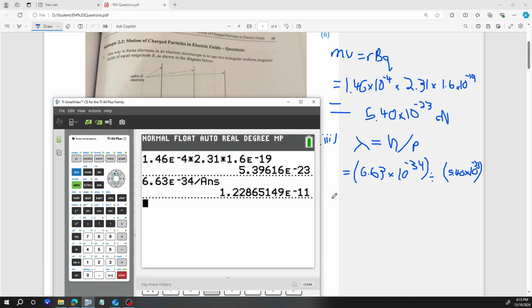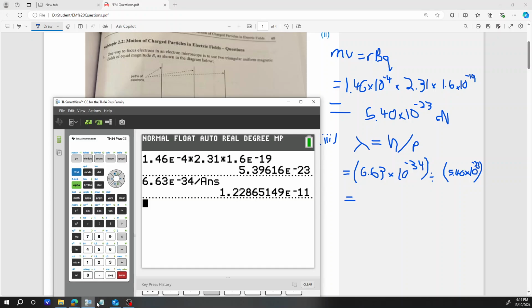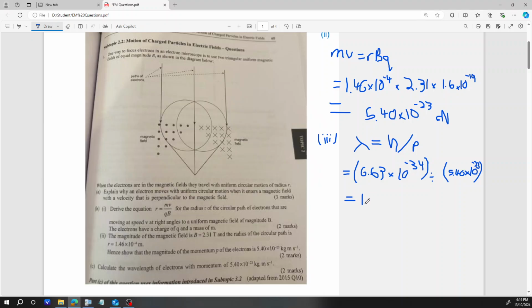If you misinterpret the division, you'd end up with something even smaller than minus 34. There's really only two ways this can go: you do it right, or you stuff up the division. So, there we go, the answer: 1.23 times 10 to the minus 11.